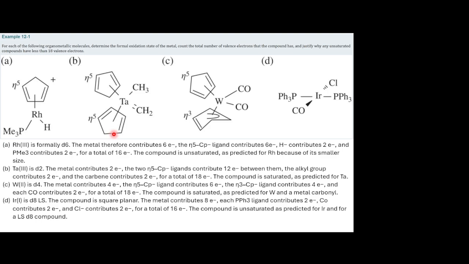So we get 6 plus 6, 12. So 2 plus 12. And then we look over here, we have a single bond. And then this carbene is going to give us 2 electrons because it only has the attachment here. And that's going to give us 18.